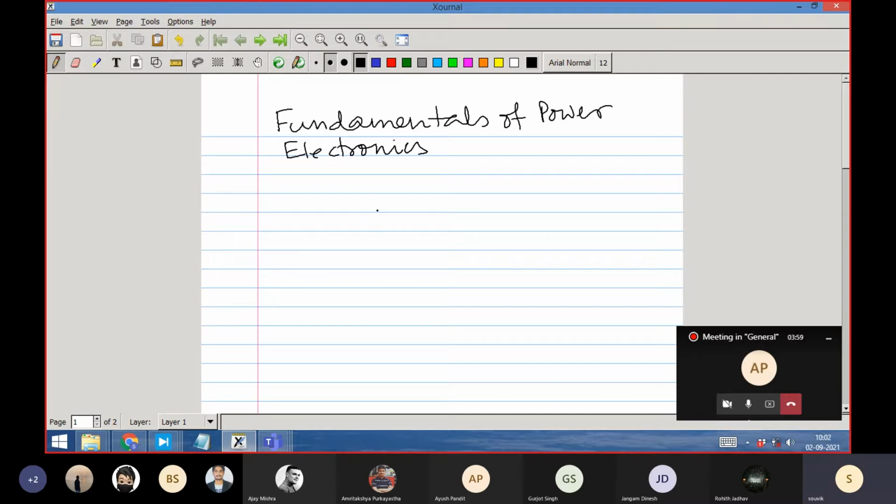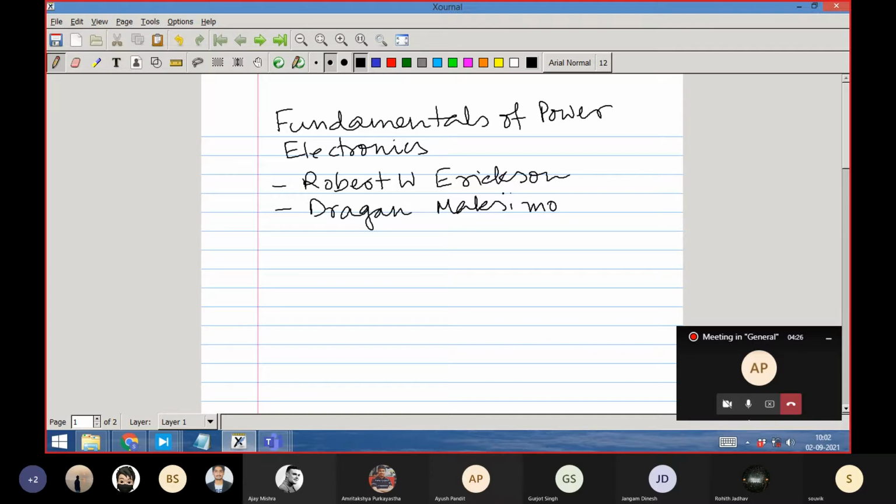Fundamentals of Power Electronics, by Robert Erickson and Dragan Maksimovic. This is a good book.